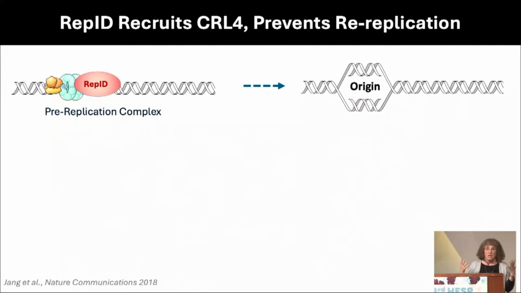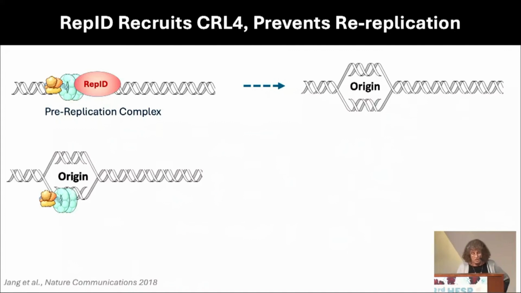So what does it do? It is not participating directly in the catalysis of the DNA synthesis process. What we found is that RepID binds to pre-replication complexes, and it does not play a direct role in the DNA replication itself.